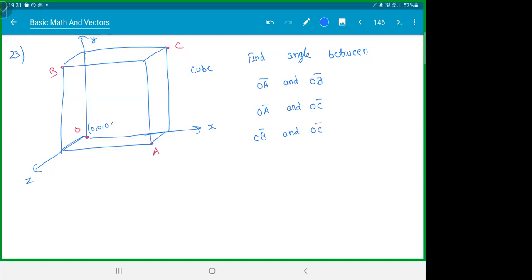Let's get them. The side is not given; you don't require it. It doesn't depend on the side. No matter how big the cube, the angles will remain the same. Just give me a minute.